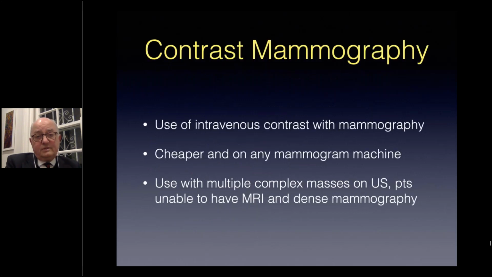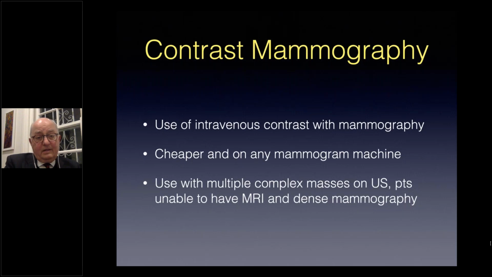The other more recent test that you may have seen around is contrast enhanced mammography. And that's the use of an intravenous contrast with a mammogram. It really is just a software thing that needs to be added onto the mammography technology. And it relies on the fact that as a tumor grows or a carcinoma grows, it develops a neocirculation, and you have leakage in these vessels, which then can be picked up on the mammogram in those masses where it's occurring.